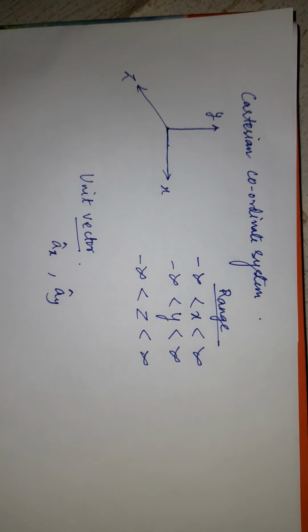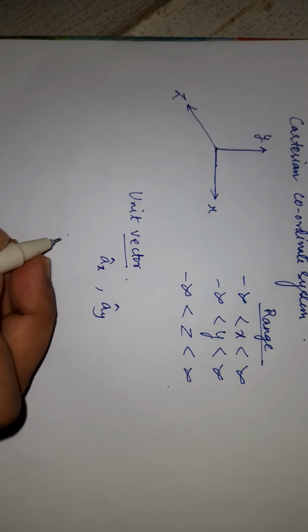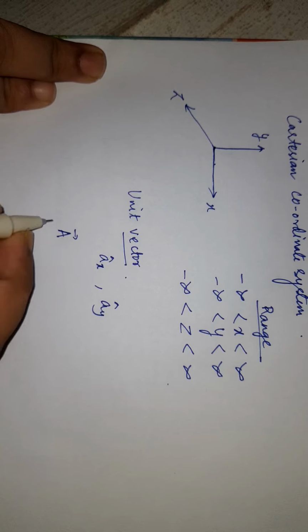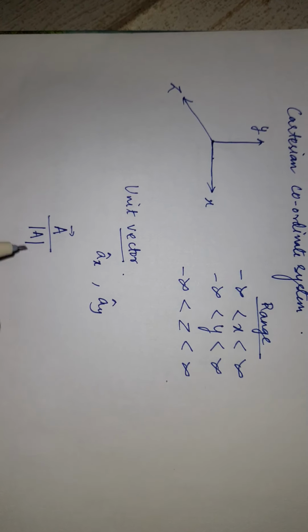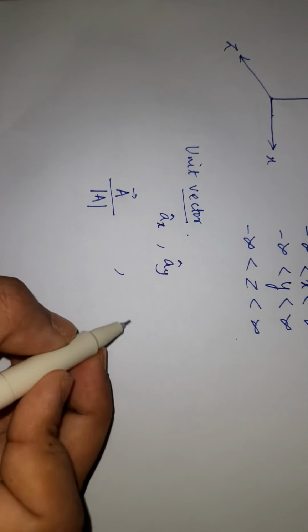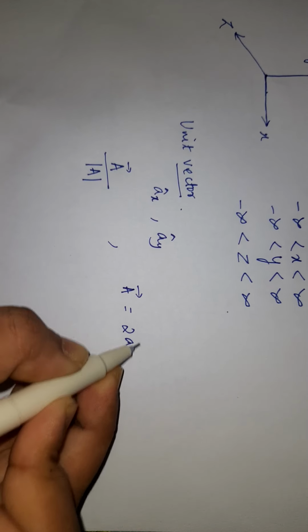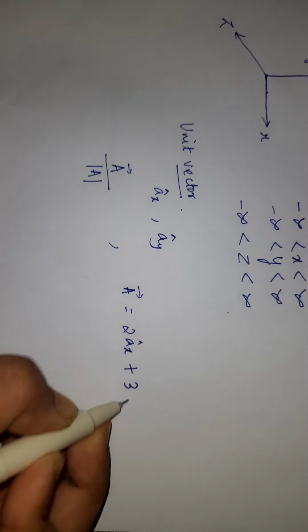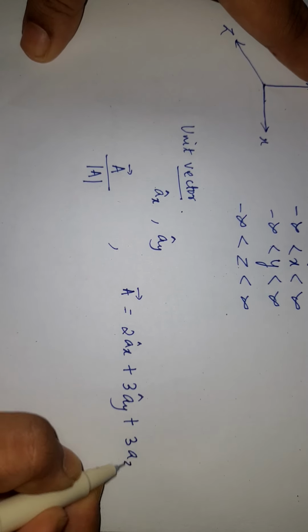So basically, how do you calculate it? Suppose you have a vector a, then you just divide it by its magnitude. Vector a divided by its magnitude will give you the unit vector. Let me give you one example. Suppose a is equal to 2ax cap plus 3ay cap plus say 3az cap.